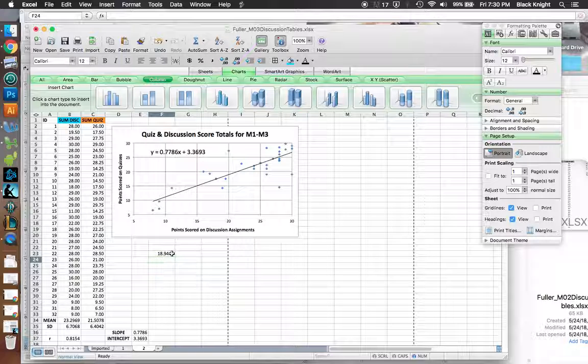So we're looking at about 18.9, or about 19 points on those three quizzes. If that was your total score across the three discussion assignments, you'd be sitting right around here. It's exactly on the trend line. I thought it was definitely interesting. I hope you guys enjoyed the presentation.